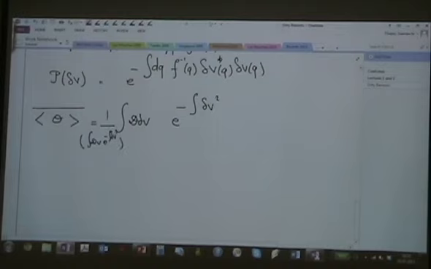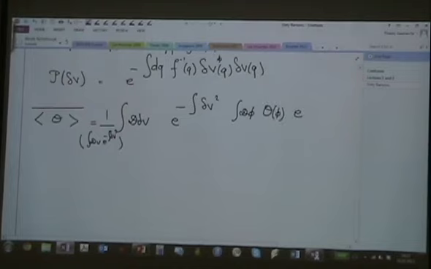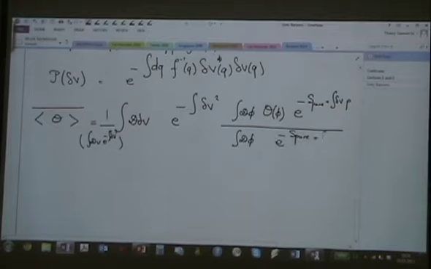And then I have the quantum average, which I can write as a path integral, the sum over d phi. The operator is a function of phi. And then I get exponential of minus the action of the pure system plus the integral over delta V times rho, divided by the integral over d phi of exponential of minus the action of the pure system plus the integral over delta V times rho. So this is the thing I have to do.